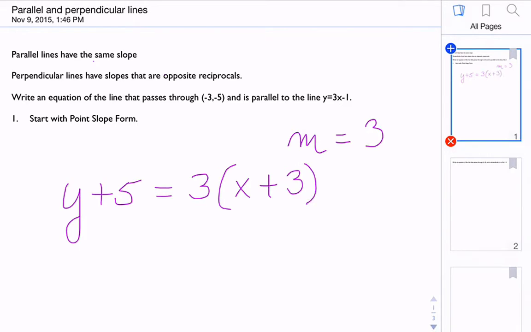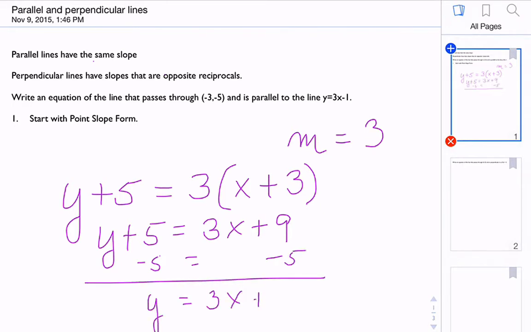Now this could be my answer if the directions do not specify which form to put it in. But if the directions specify, I believe this is still the easiest way. If I wanted to change this to y-intercept form, I could distribute the 3, and then I could subtract 5 from both sides.